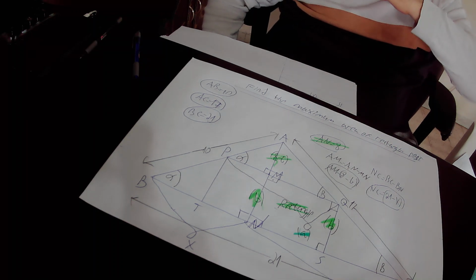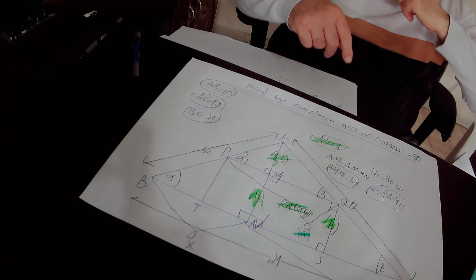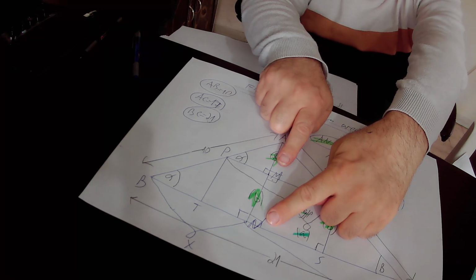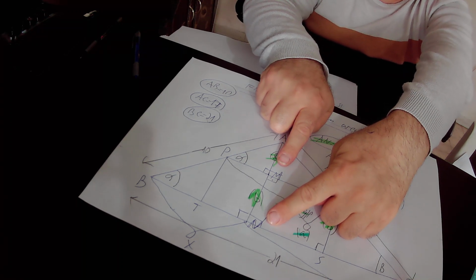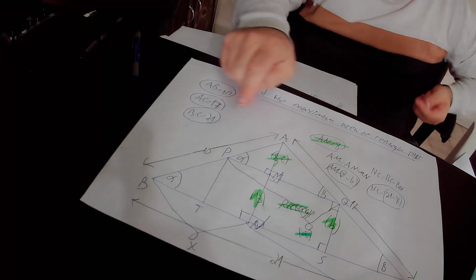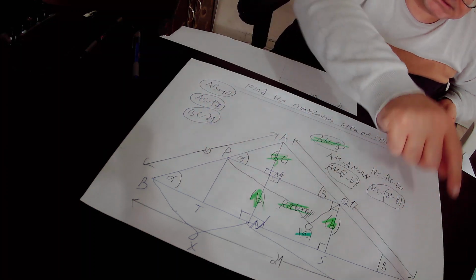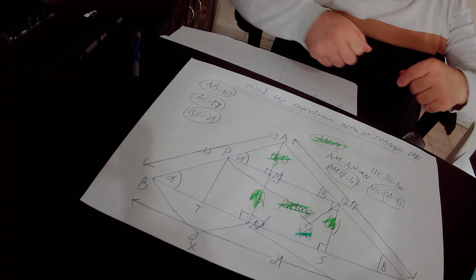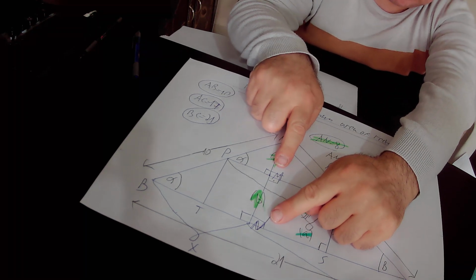By doing this construction, we can deduce those two angles. Those two angles are defined as corresponding angles, and they are located between the parallel lines PQ and BC, and according to the rule that corresponding angles between parallel lines are equal to each other, those two angles must be equal to each other.